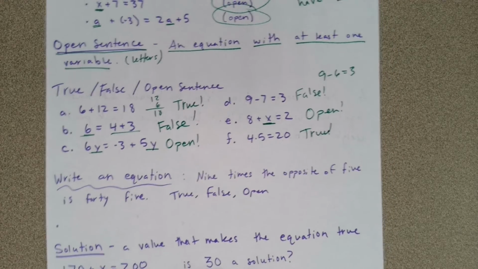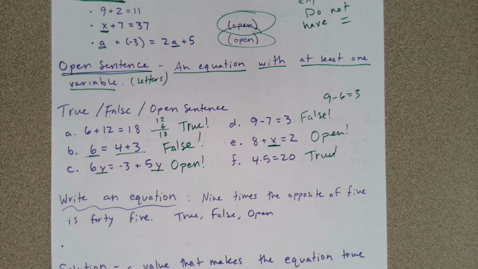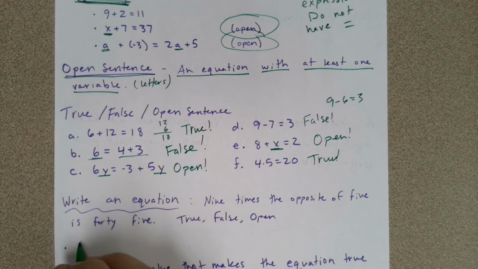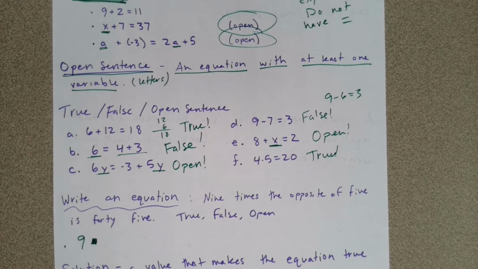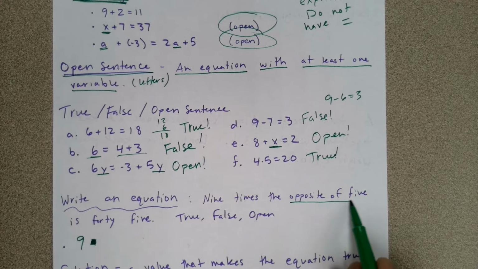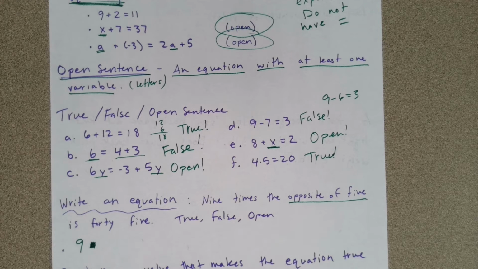All right, we're going to practice a little bit of writing an equation using a sentence that they give us. So right here they tell us 9 times the opposite of 5 is 45. True, false, or open. So I'm going to start by writing this out in order, starting with 9 times, I'm actually going to do a dot. 9 times the opposite of 5. So we're thinking back to our opposites.